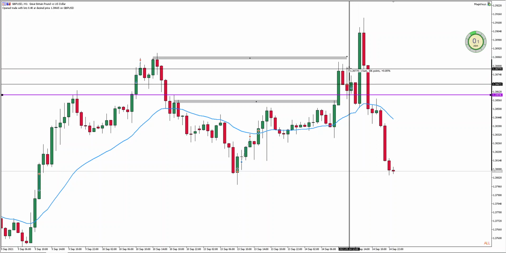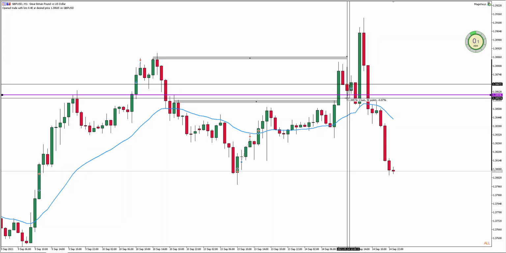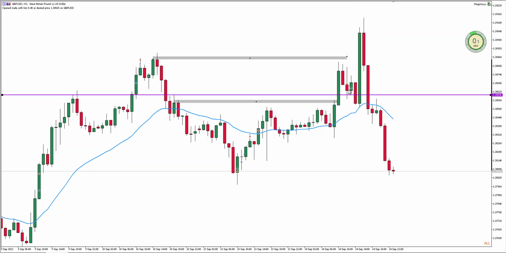It wicked up first, then came down and closed weak bearish. Next candle, it took like 30 minutes to wick down a bit, then came up, and I thought, well, if that takes 30 minutes and this candle is weak bearish, I don't want to be in the trade, and I closed it at break even.